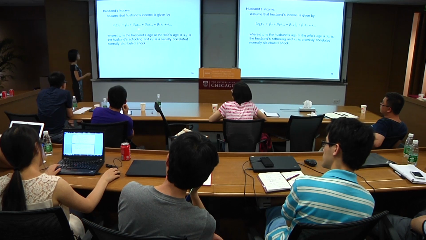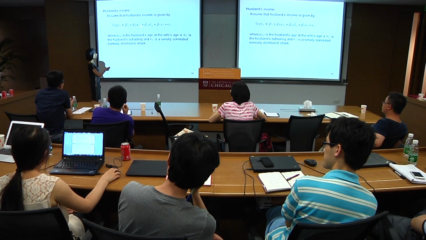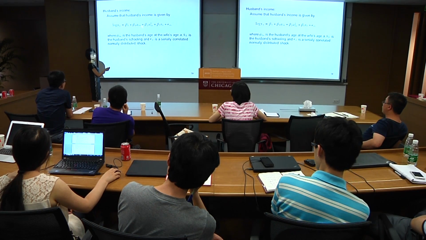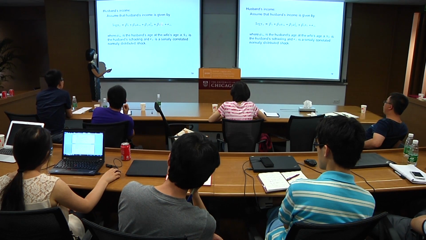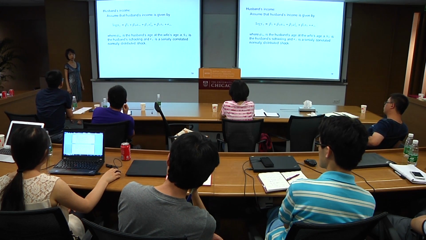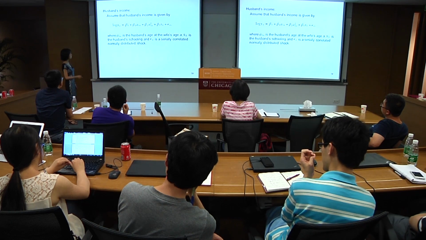So the income depends on the husband's age, the age of the husband when the wife is of age A. And it's a function of the husband's schooling and age squared. That's it. That's how the income evolves.